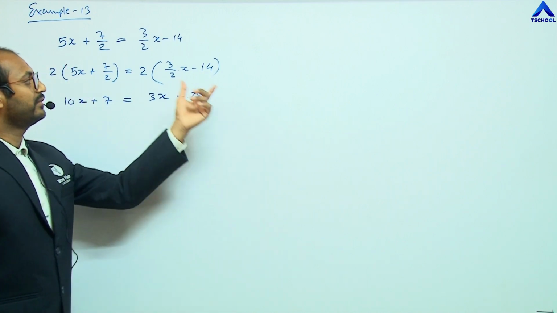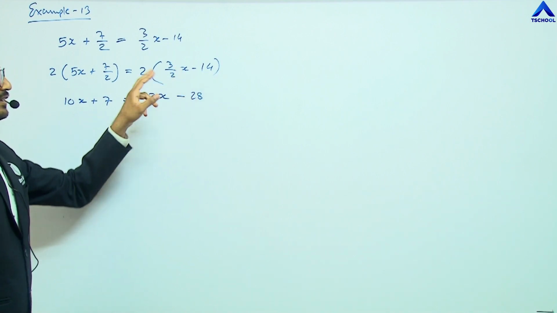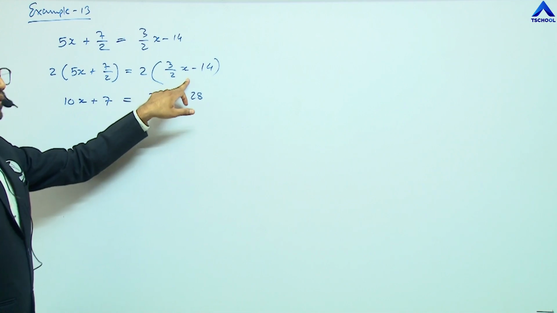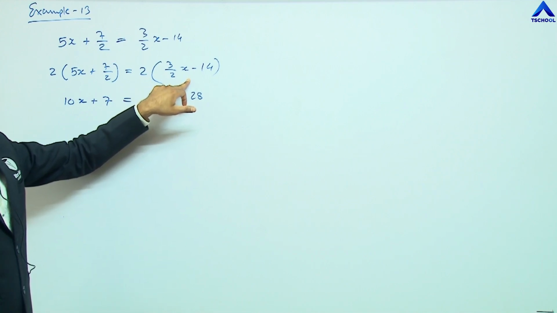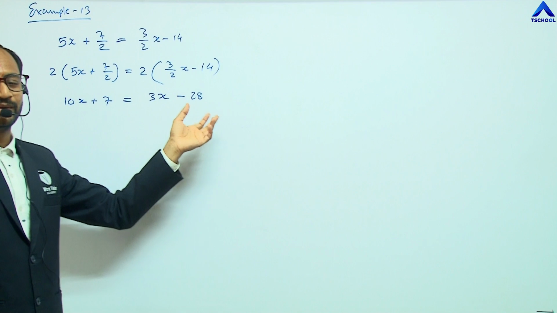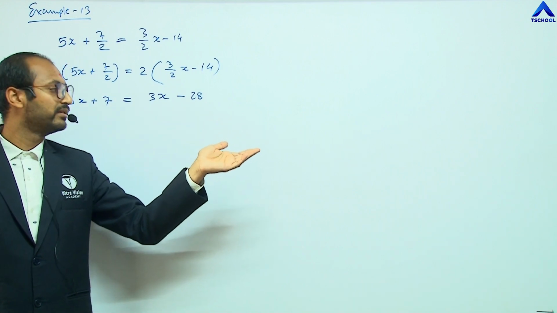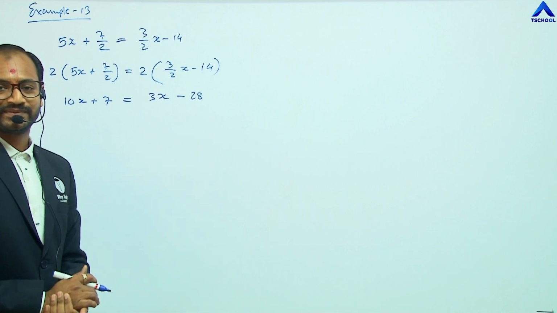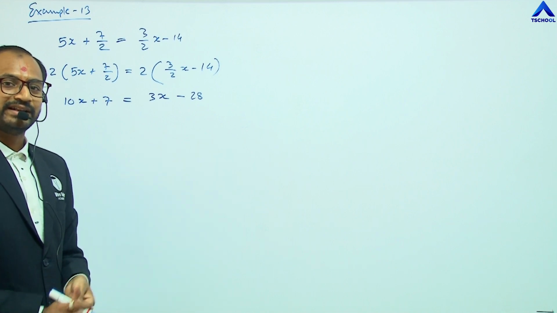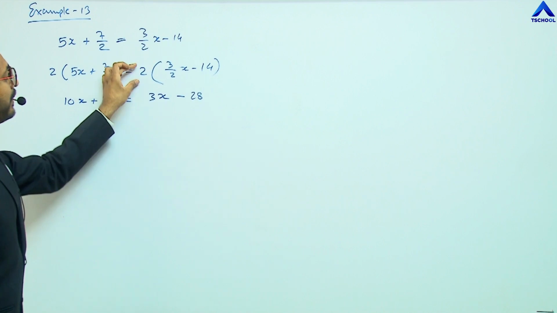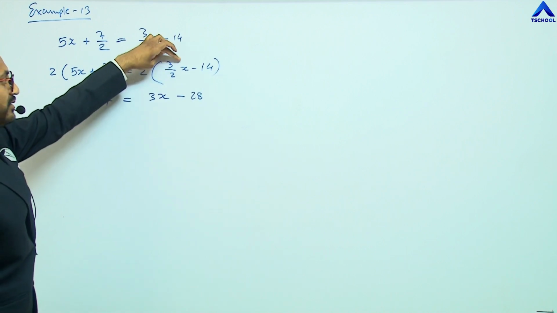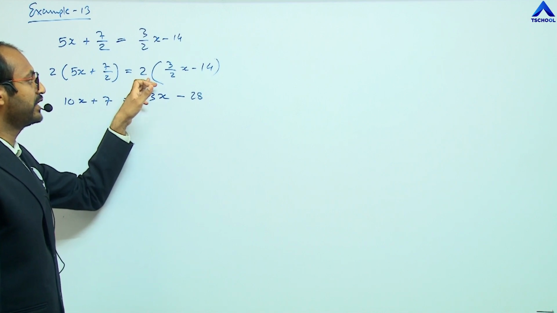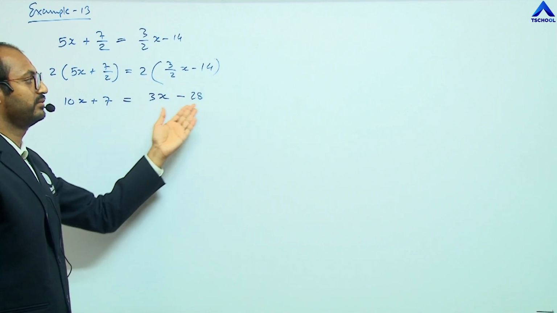Here we are doing the distribution of multiplication over subtraction. We had studied this rule for rational numbers in chapter 1. Clear? We can multiply with both terms. This is called distribution of multiplication over subtraction.